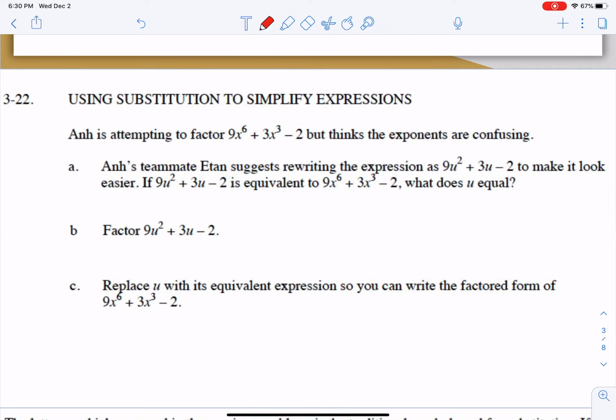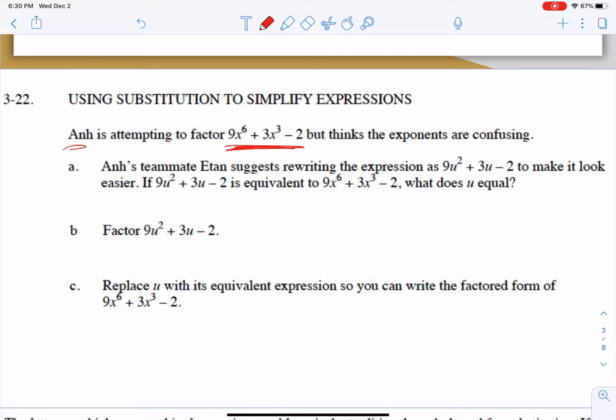So using substitution is another way to simplify. If you're going to attempt to factor this, Anne thinks that the exponents are confusing. So her teammate Eaton suggests rewriting the expression to make it look easier.